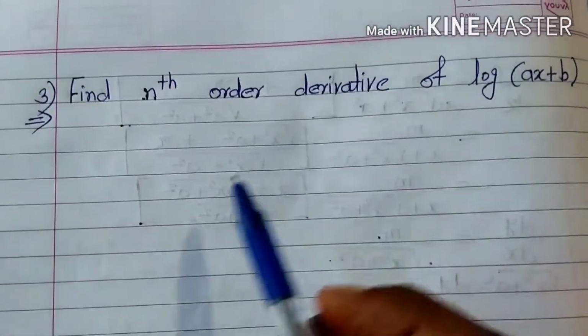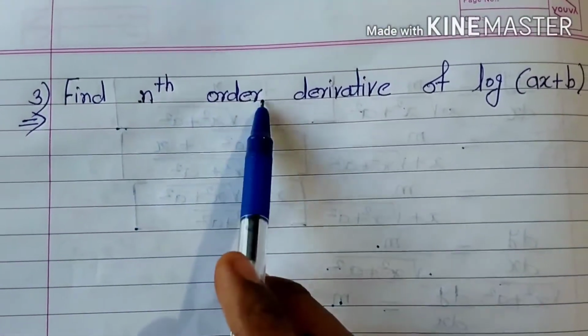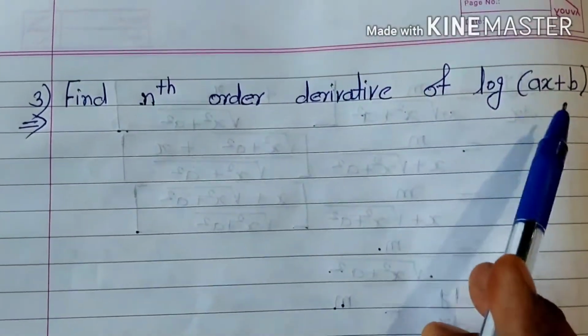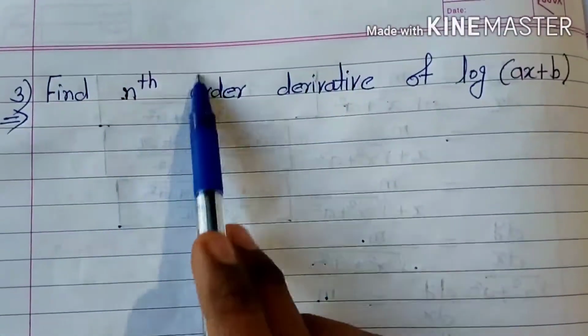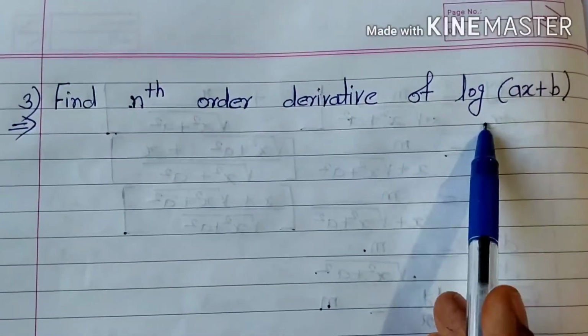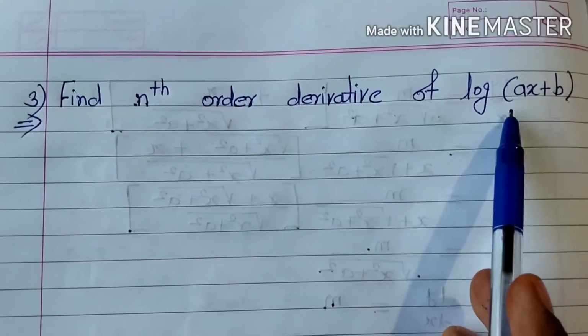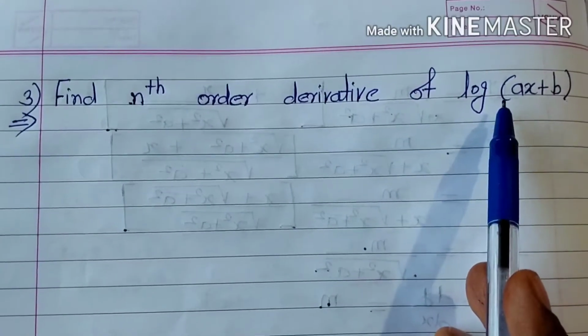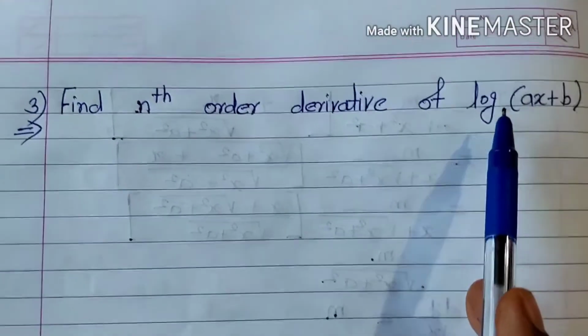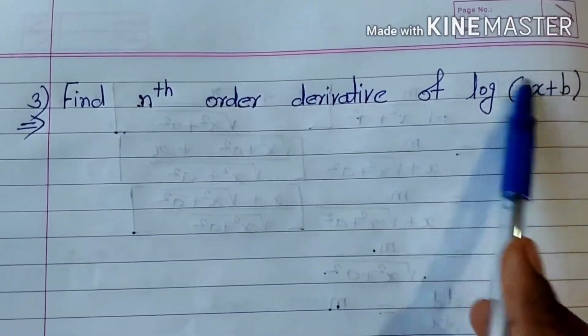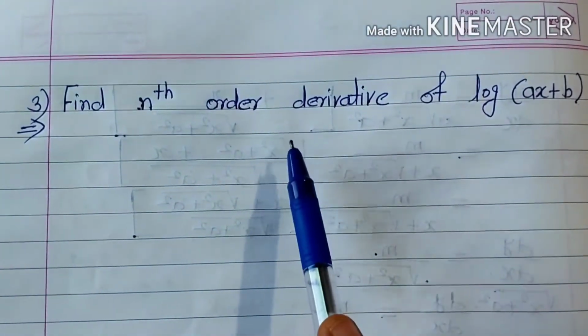Now the next example is to find the nth order derivative of log ax plus b. Means we have to find the nth order derivative. So first differentiate this given equation 3 times, means find the third order derivative. Then observe the changes in each step.